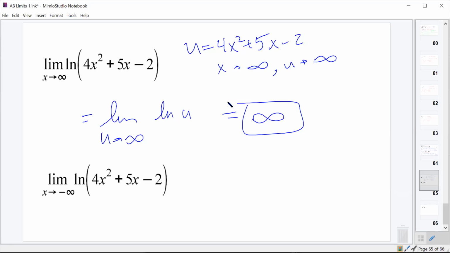And what would happen with this bottom one? Same function, just a different limit, right? Negative infinity as opposed to positive infinity. So if I do this same substitution, u is equal to 4x squared plus 5x minus 2. As x approaches negative infinity, this time what's u approaching?